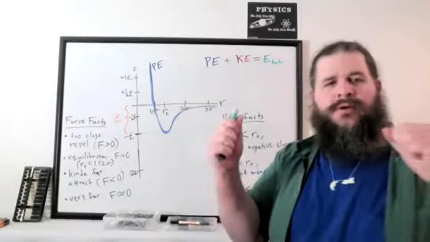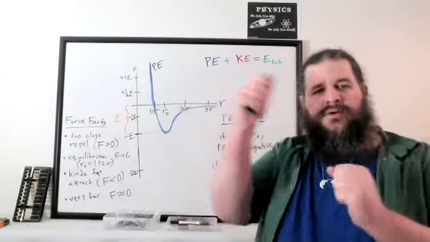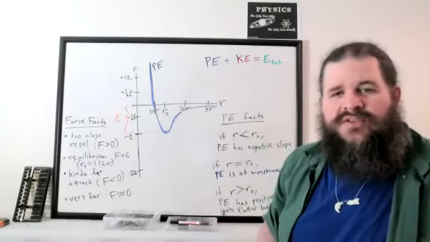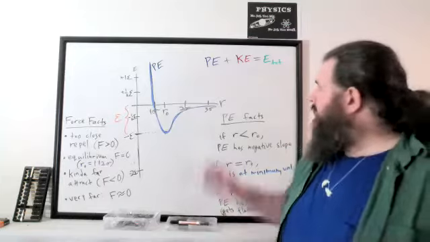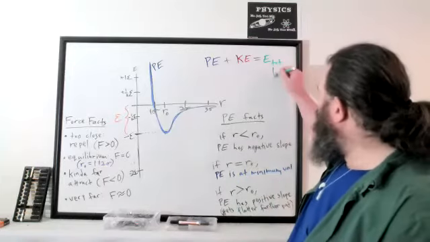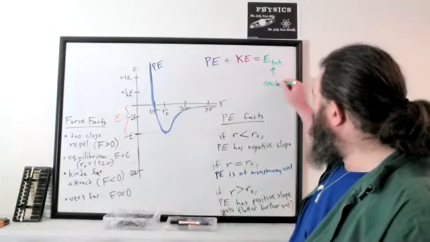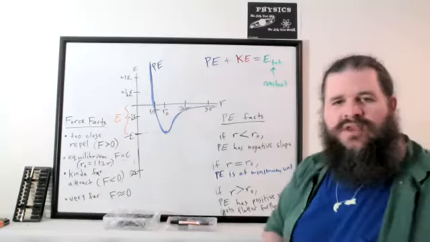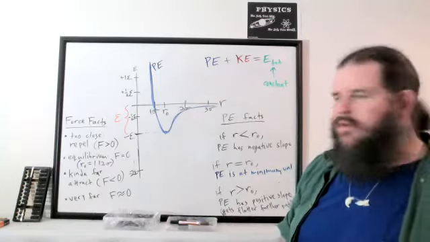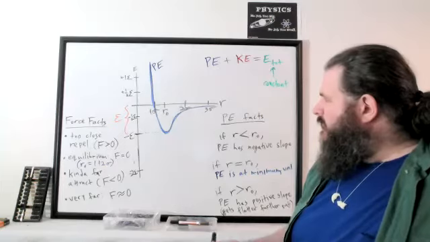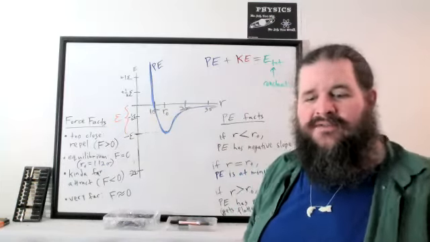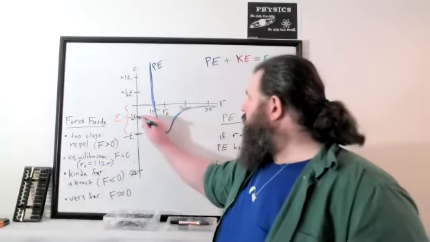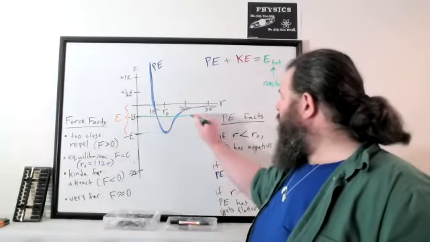So if we assume these particles are moving around, interacting with each other, but not interacting with anything else, then we can treat this as a closed system. E total should be a constant. So let's say E total is negative 1/2 epsilon, because the energies in these cases are often going to be negative values as the total energy.